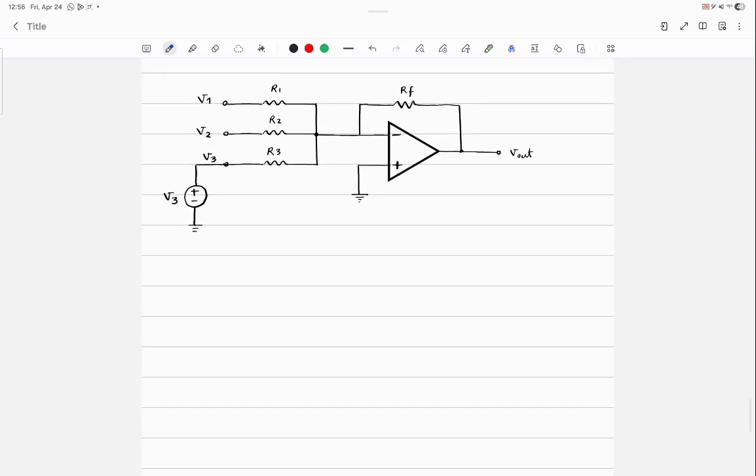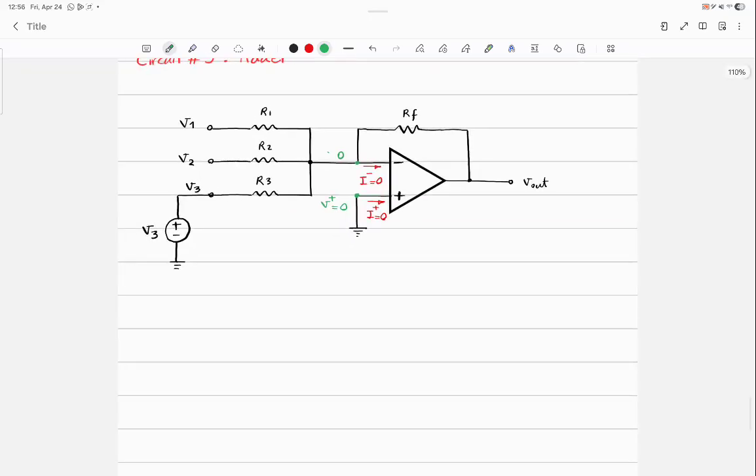The next one. This is I positive 0, I negative 0, V positive is 0, and this is 0 volts. Okay.